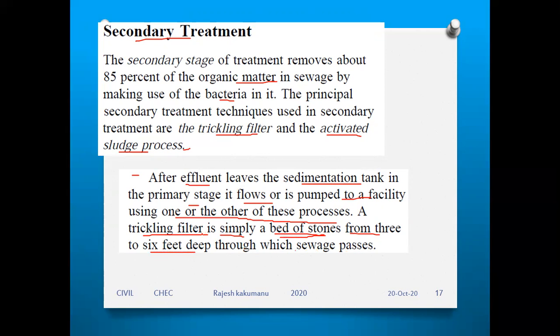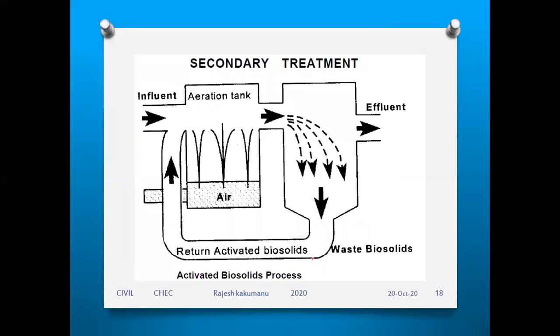So what's the meaning of trickling filter? It is simply the bed of stones at the bottom layer of the tank, 3 to 6 feet deep, through which the sewage passes, right? So that is the meaning of the trickling process.